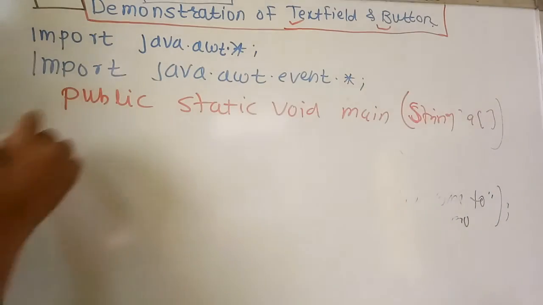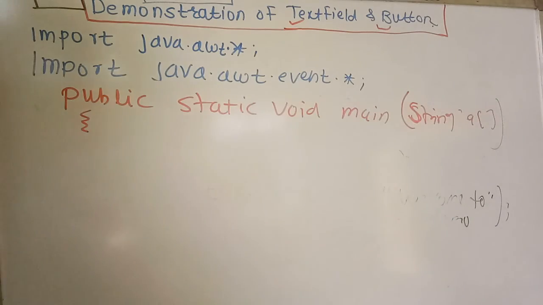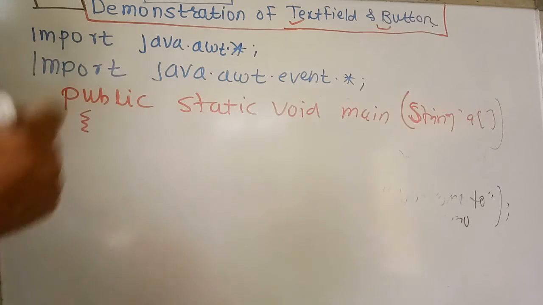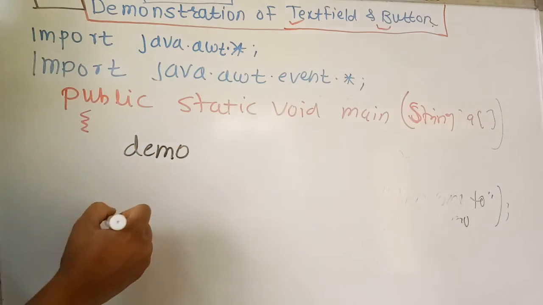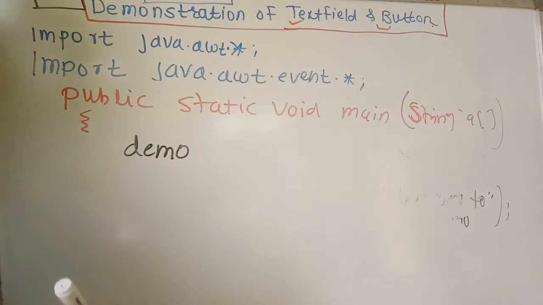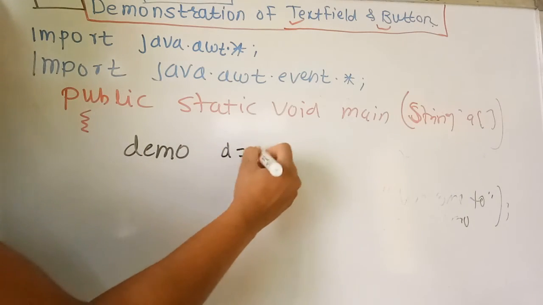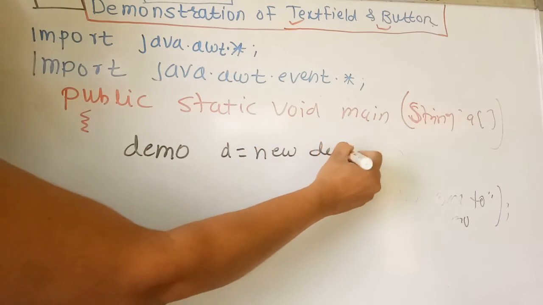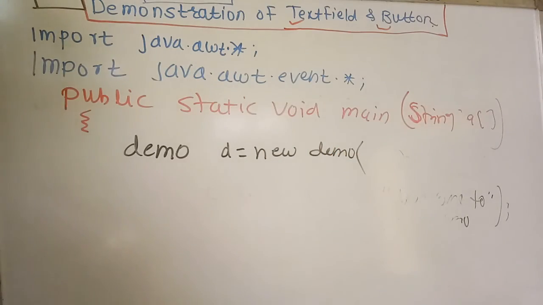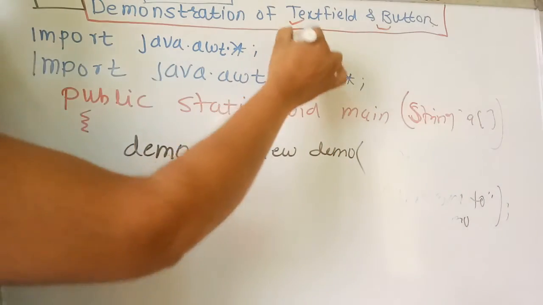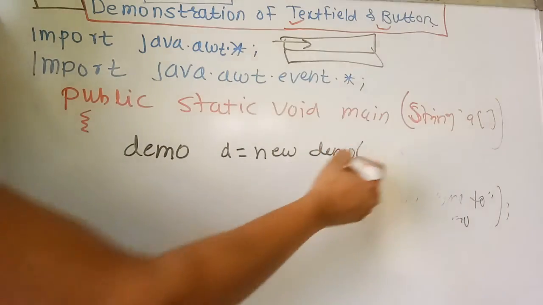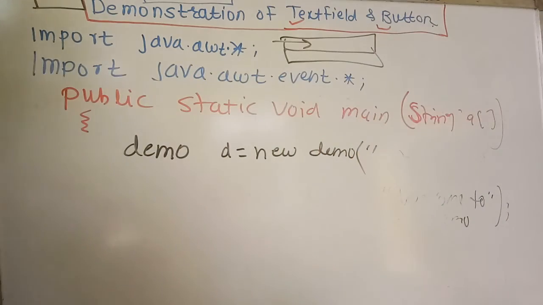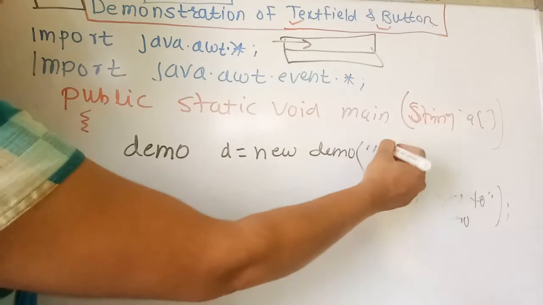Now the only task remaining is to create one object of the class in the main method. Demo type d equals new Demo, and in brackets you pass the title which will be displayed on the uppermost portion of the screen, like here. That is what we passed in the super method, for example, my frame.